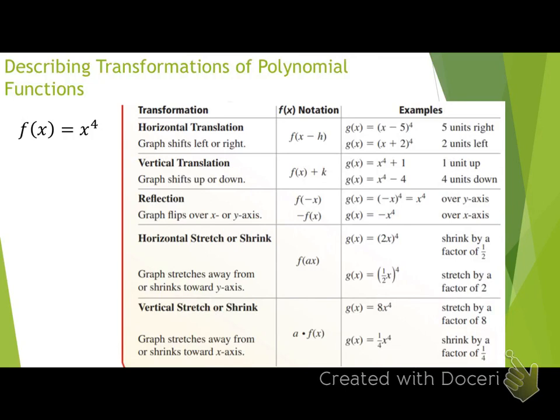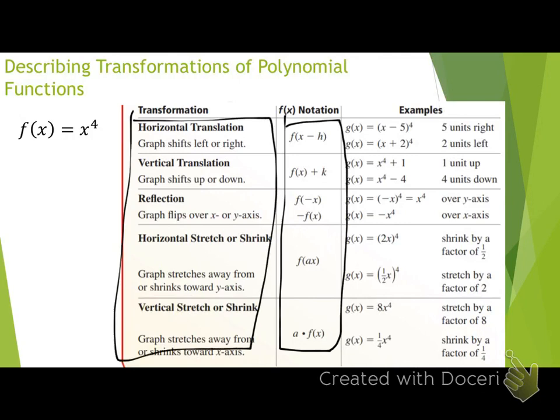So you should have that chart somewhere in your notes. If not, you probably want to get it down in your notes, so you have these formulas and know which formula to use when it's talking about certain transformations. I'd have these formulas written down, and what they are.